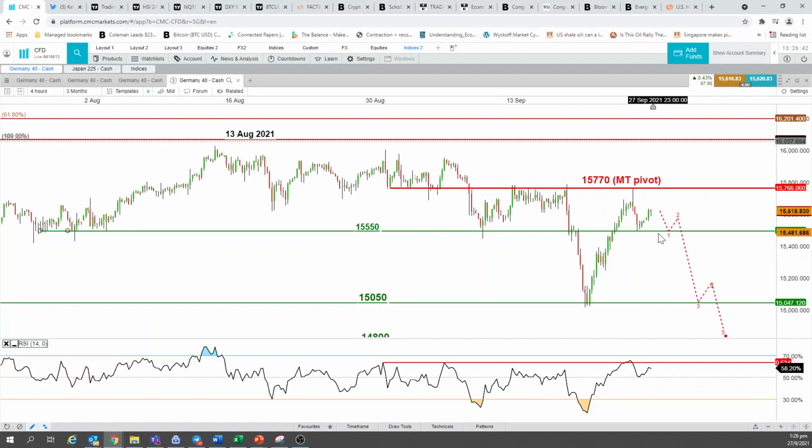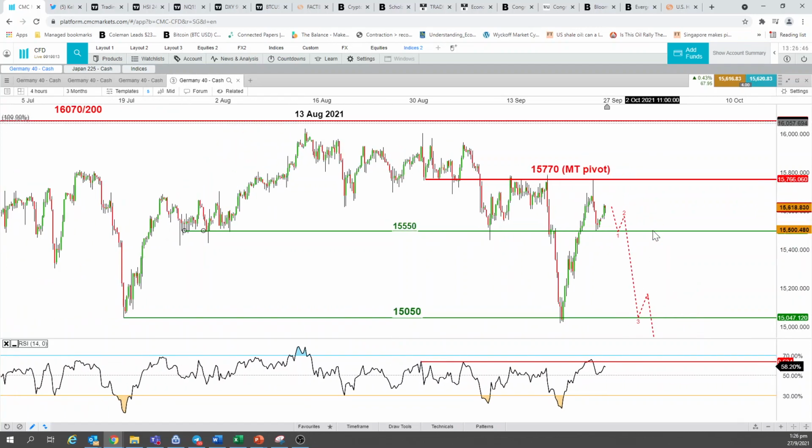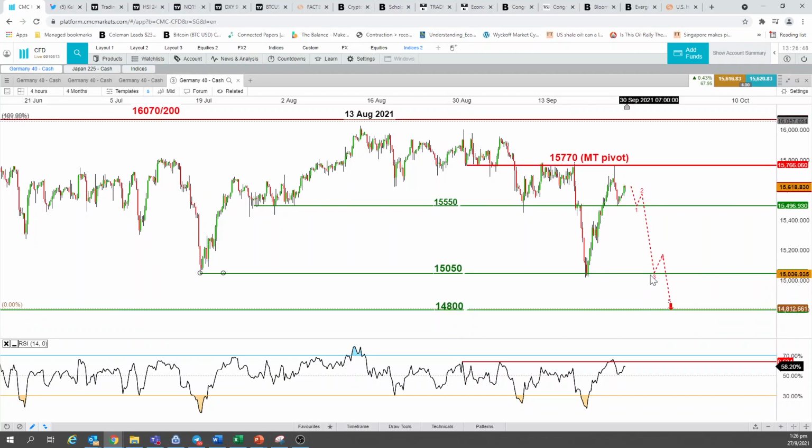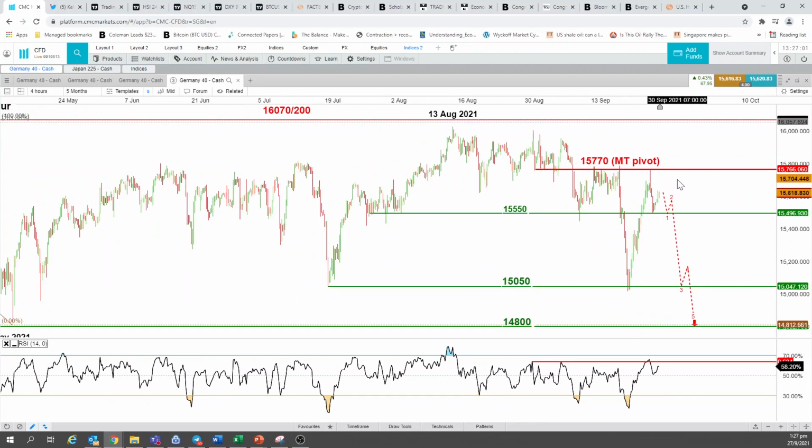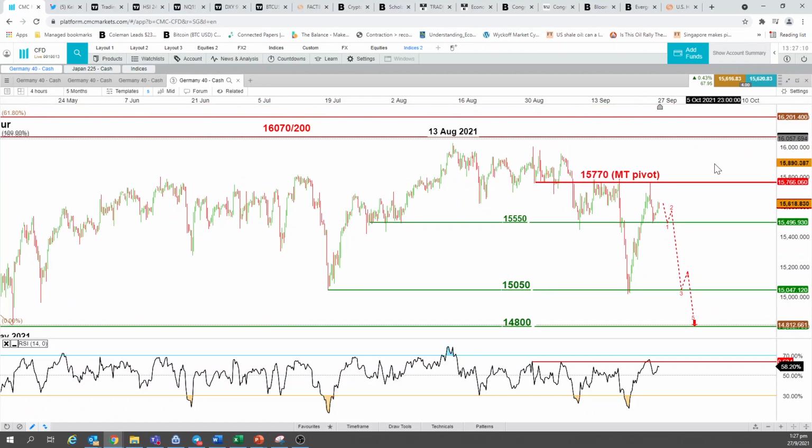A break below 15,550 may take us down to last Monday's swing low area at 15,050, then thereafter the next support at the 14,800 level. RSI is still at this key corresponding resistance at around the 63% level as shown on the 4-hour RSI. Nevertheless, a daily close above 15,770 will invalidate this corrective decline for it to take up much higher towards 16,070 / 16,200.